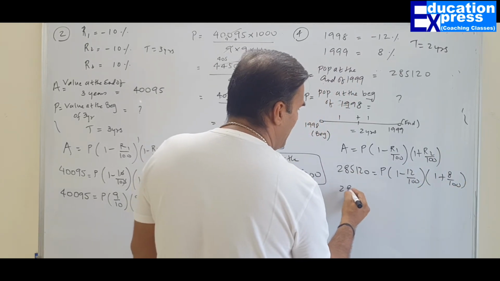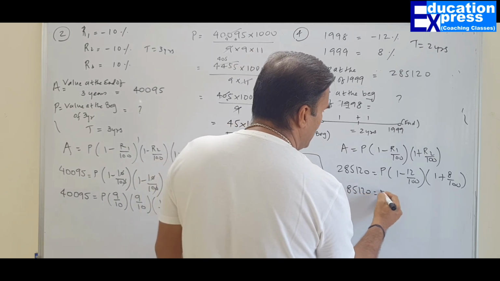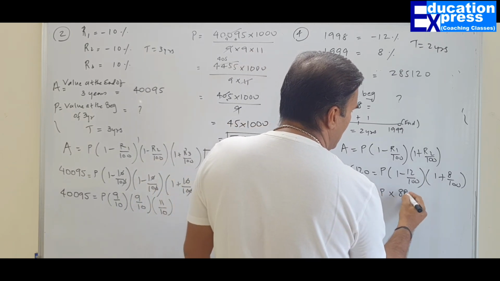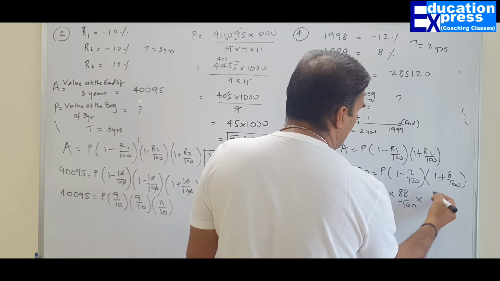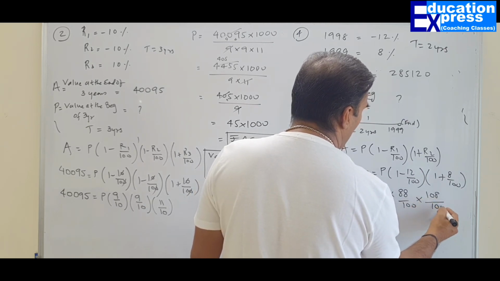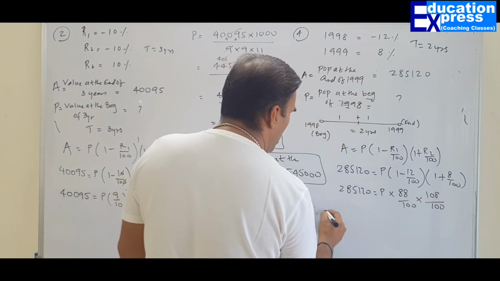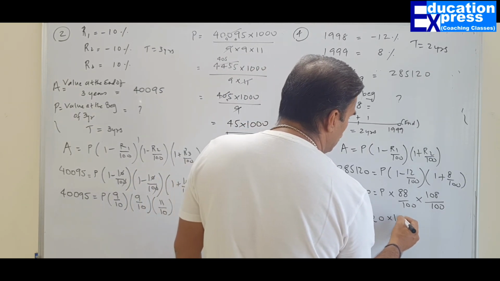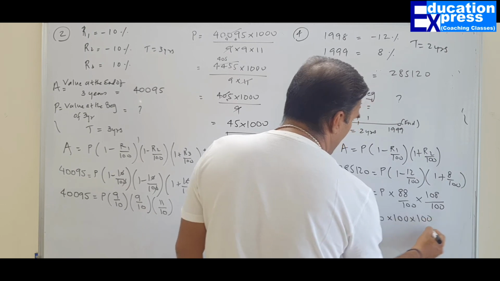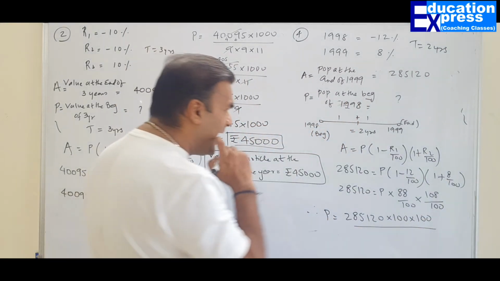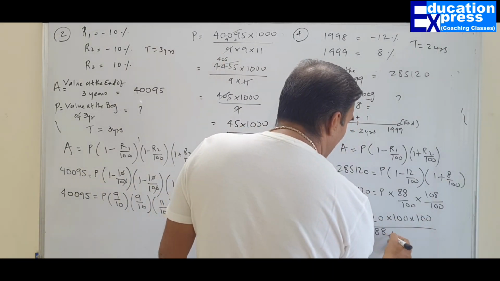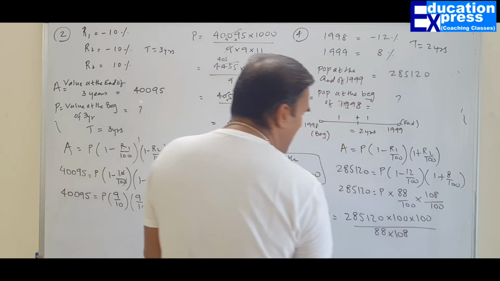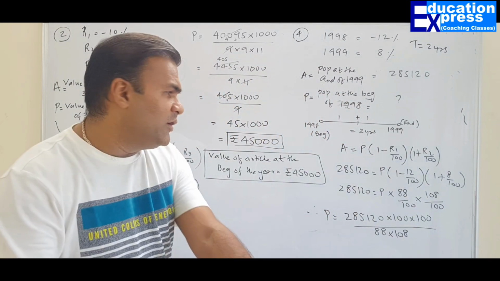When you solve it, 285,120 equals P multiplied by 88 upon 100 multiplied by 108 upon 100. Therefore, P equals 285,120 into 100 into 100 divided by 88 into 108.